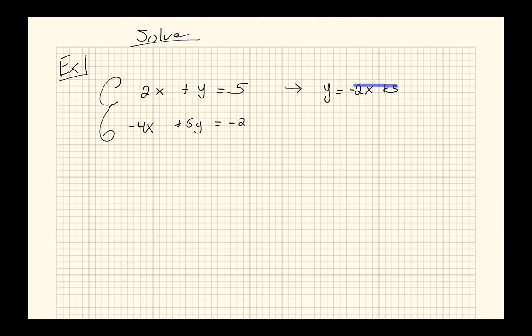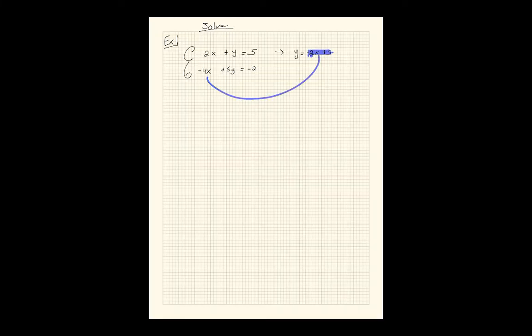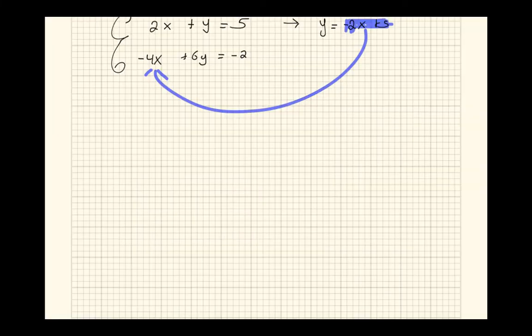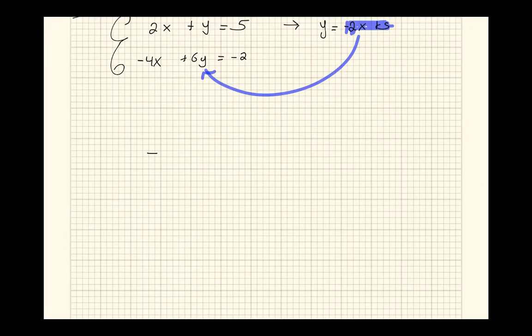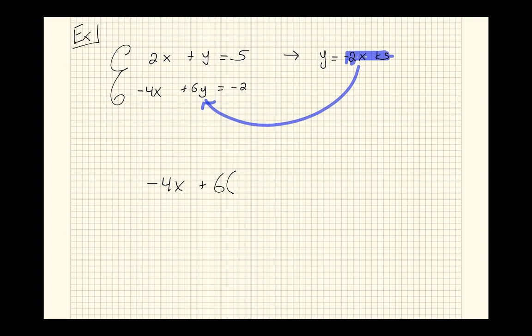Then I can take what y is equal to and plug that in for y in my other equation, because y is equal to this thing, not x. That gives negative 4x plus 6 times negative 2x plus 5 equals negative 2, and we want to solve this thing.